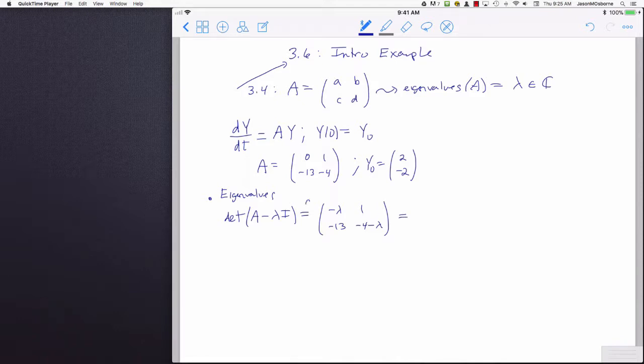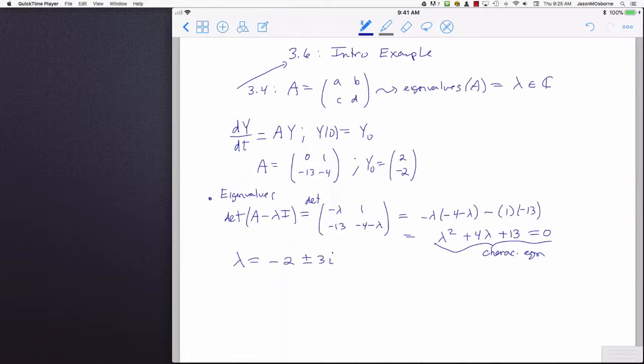Take the determinant to get negative lambda times (negative 4 minus lambda) minus 1 times negative 13, so you get lambda squared plus 4 lambda plus 13. Set it equal to 0. Recall that this is your characteristic equation. Use the quadratic formula to find that lambda comes out to be negative 2 plus or minus 3i.